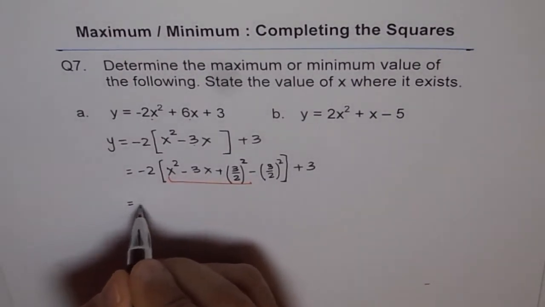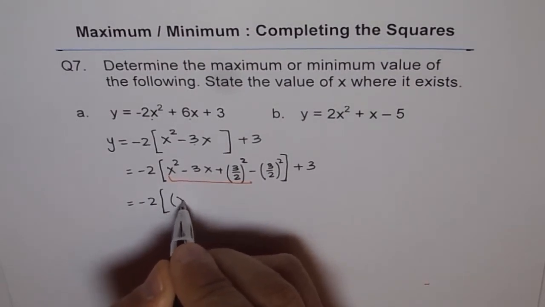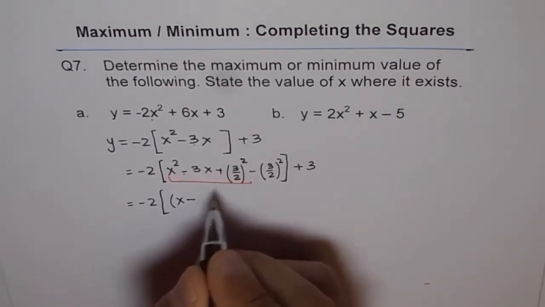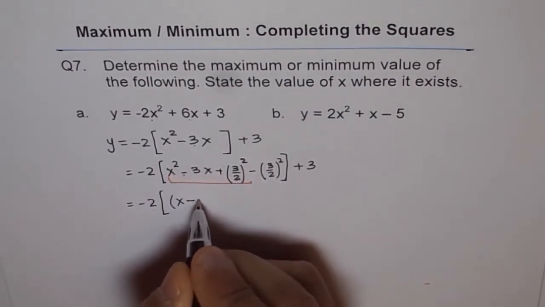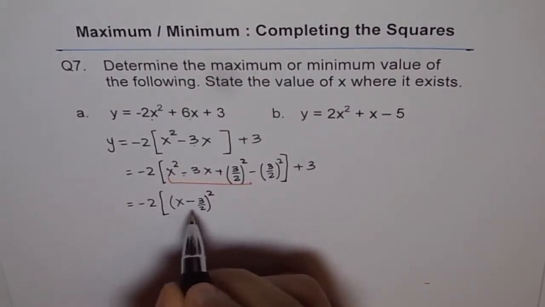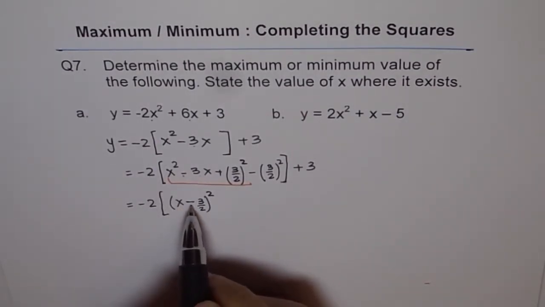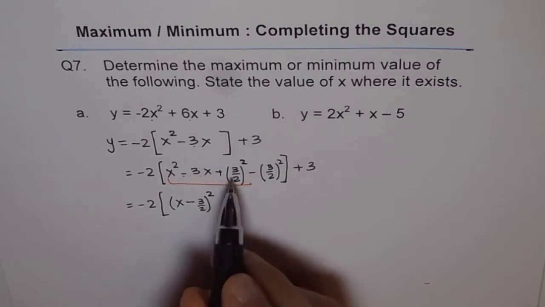So from here we get minus 2 within the bracket. So this is x minus, which comes from here, and the square of 3 over 2. So we get 3 over 2 whole square, right? So that takes care of the first three terms. If we expand it, you get x squared minus 2 times x times 3 over 2, which is 3x, plus 3 over 2 whole square, correct?